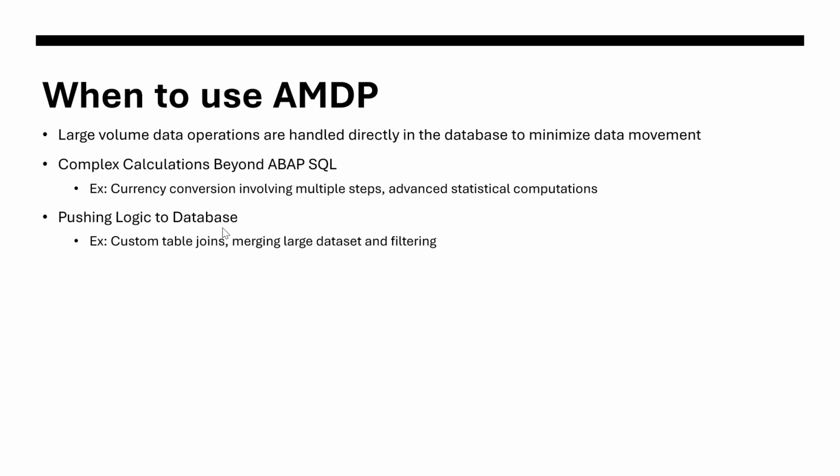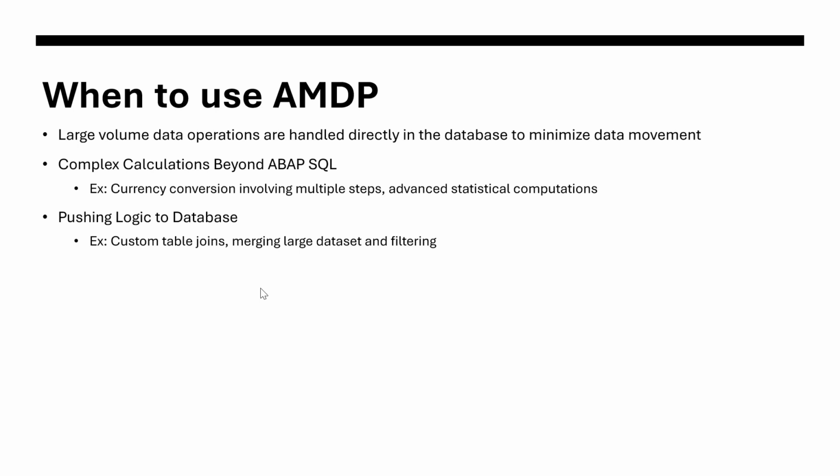So if we want to push the data and the logic, whatever we are doing, which are very complex, then we will be going with the AMDP. Like we are joining the tables and merging, processing the data, again filtering the data, and again based on that filtration we will be fetching the data from the database. Those types of things we can go with the AMDP.